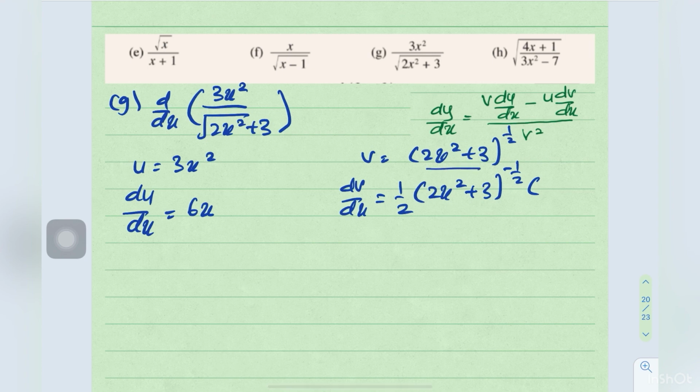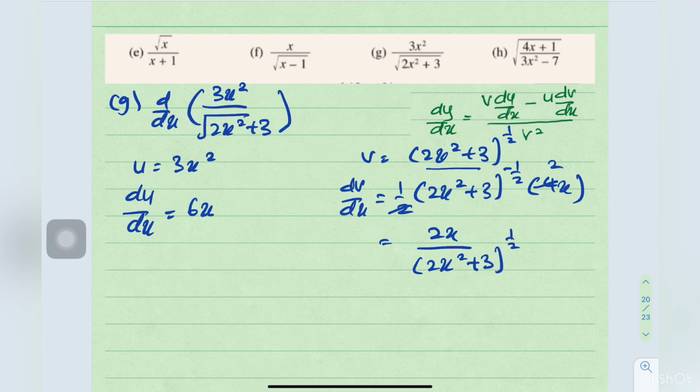Differentiate this one, it is 4x. Okay, so we can simplify, it becomes 2x over (2x squared plus 3) to the power of 1/2.